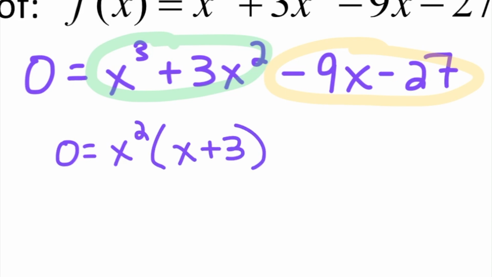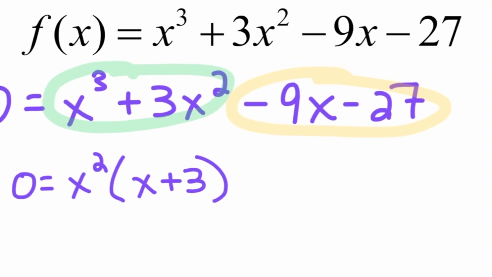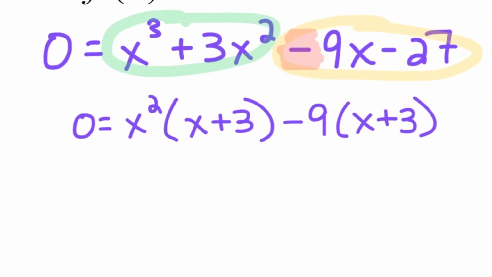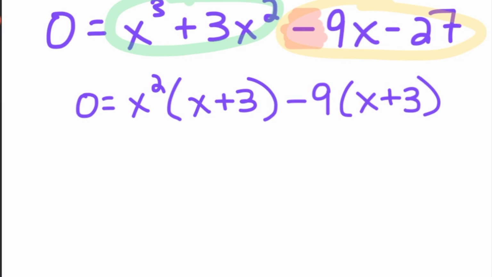And in the second part, remember that you want to use the sign that's in the middle of the problem. And so my other GCF is going to be -9 times, and then it'll be x plus 3 again. If you take a -9 out of -27, you're going to be left with +3. And then when you're doing these grouping problems, remember that the 2 GCFs then make up your other binomial.